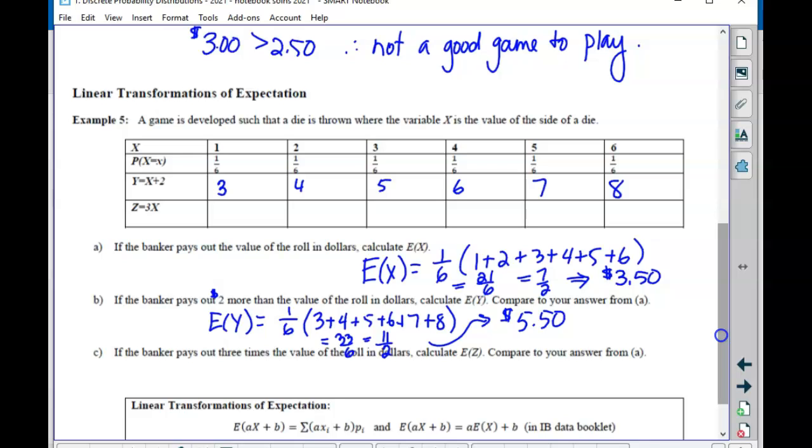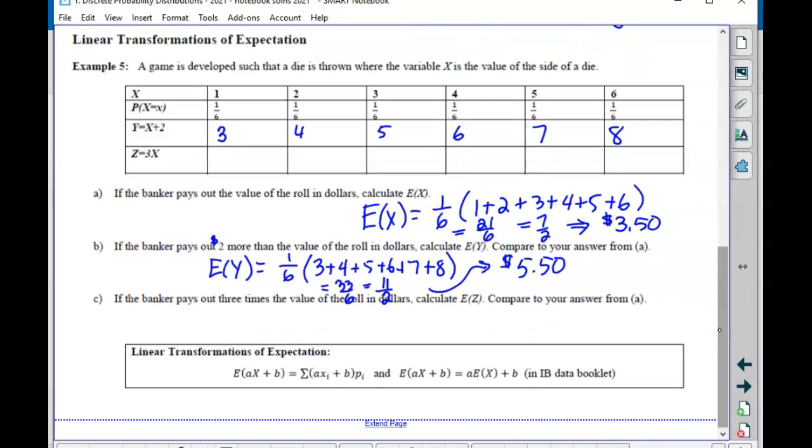Turns out when we compare these, the expected value is $2 more. So really, did you have to do it the long way? No. If you already knew the expected value of the original, and all you're doing is adding the same amount to each original X value, you can just add 2 to your original expected value.